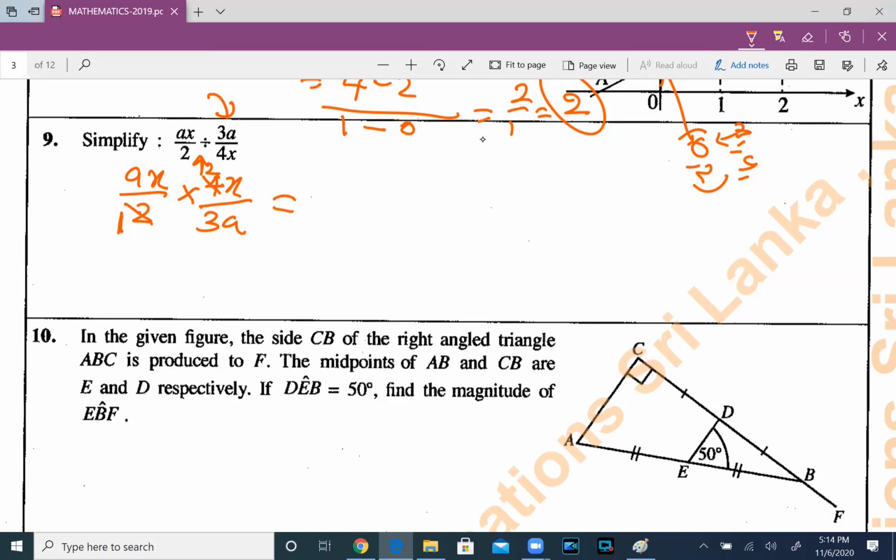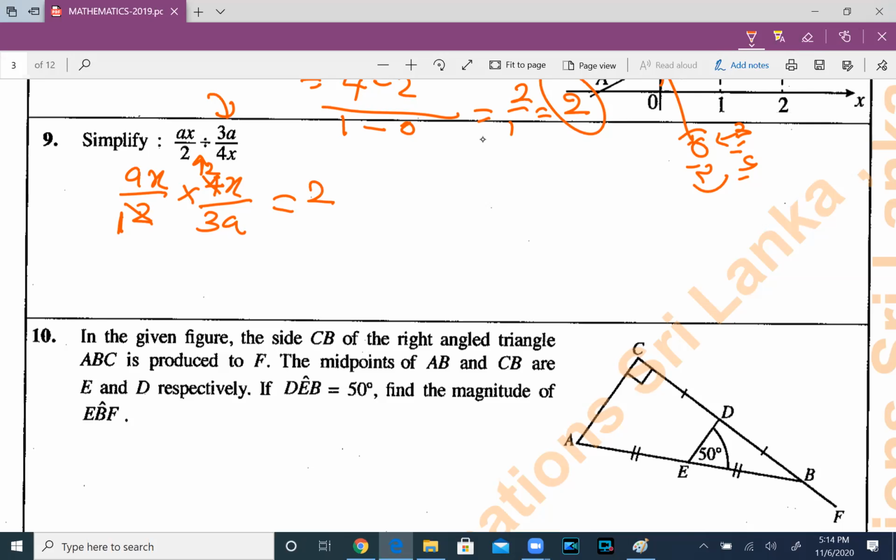Whenever you are multiplying algebraic terms, first of all you have to check the sign, then the number, then the algebra. Here there is no need to worry about the sign, both are plus, so it is plus into plus. Next is the number, 2.